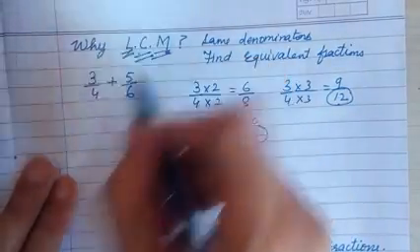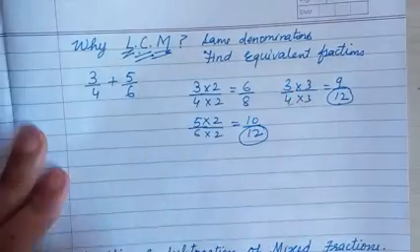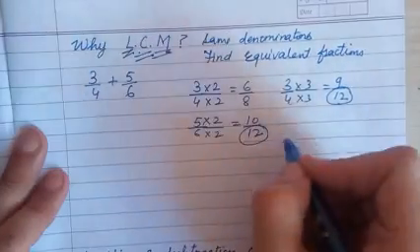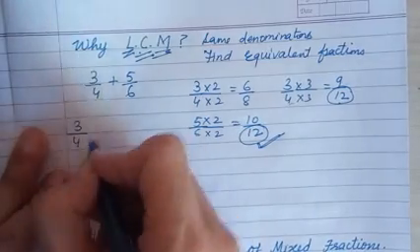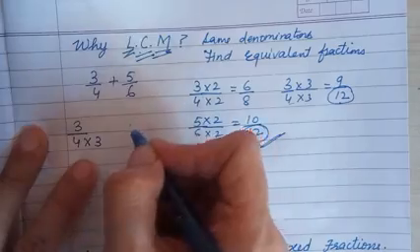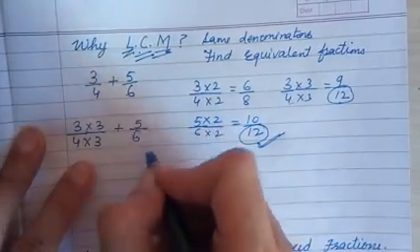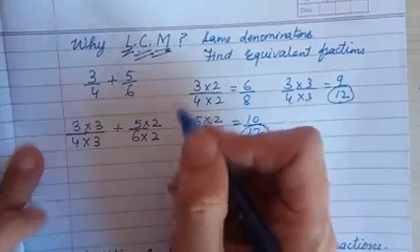So we prefer LCM. Now we will write the equivalent form of 3 by 4. We want the denominator to be 12. So for 3 by 4, we multiply 4 by 3 to get 12, and the numerator also by 3. For 5 by 6, we want 12, so multiply by 2, and the numerator also by 2.